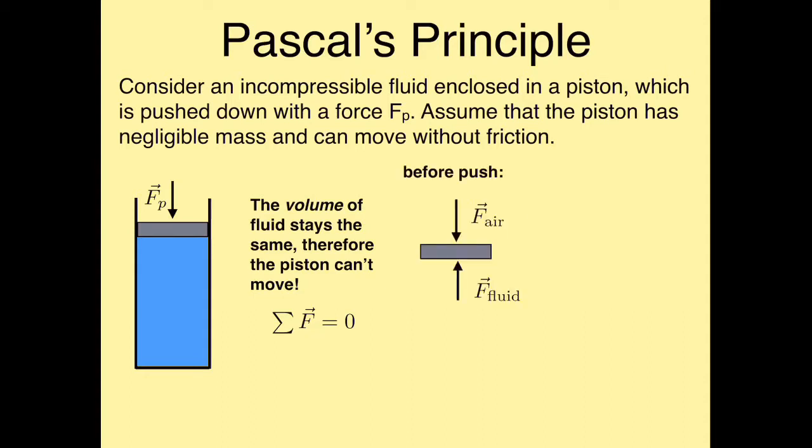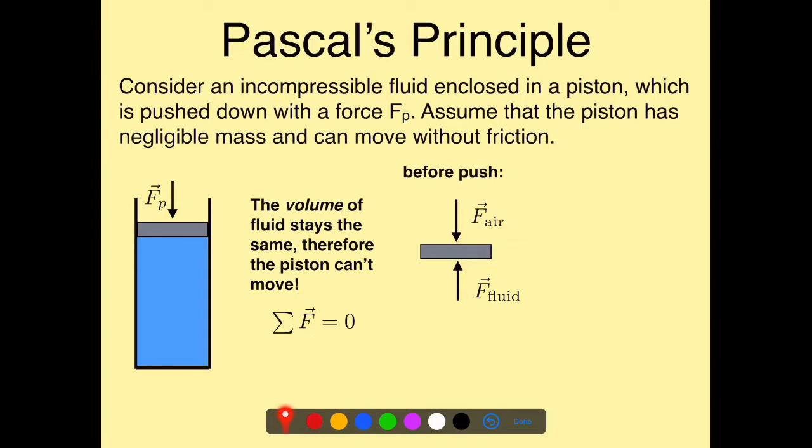So let's take a look at the forces acting on the piston before we push down on it and then after we push down on it. Before the push, here's what we have. We have some fluid just below the piston pushing up on it, and then we have air just above the piston pushing down on it.